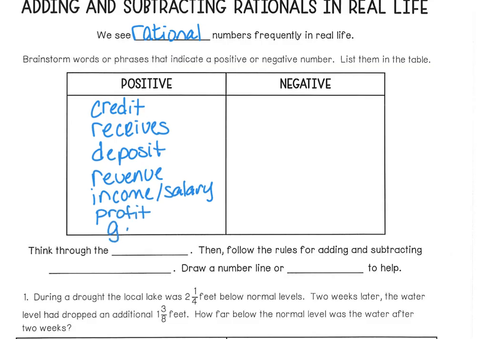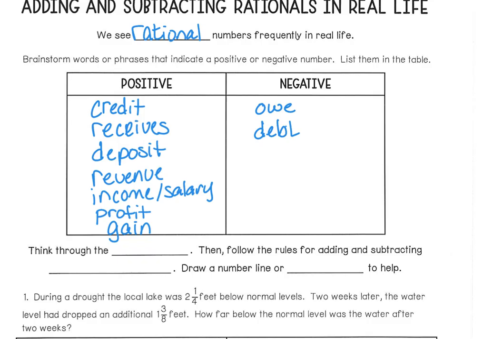And we also have a thing called gain. Gain is like, there was a problem we had a couple years ago on football where they gain 5 yards. That's a positive.